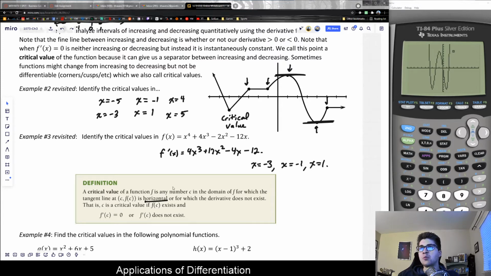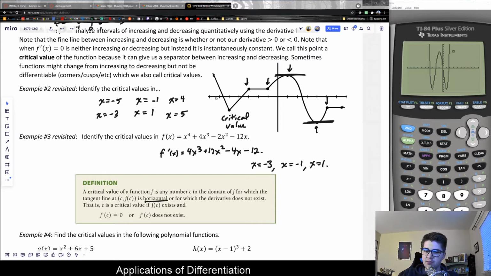And also, notice another thing it says is when the tangent line is either horizontal or for which the derivative does not exist. And remember, cusps and corners and things where it rapidly changes slope, these are points where the derivative is undefined, because if we were to look at the limit of the slope in each direction, those limits would not agree because those slopes are different, meaning that the derivative is undefined.